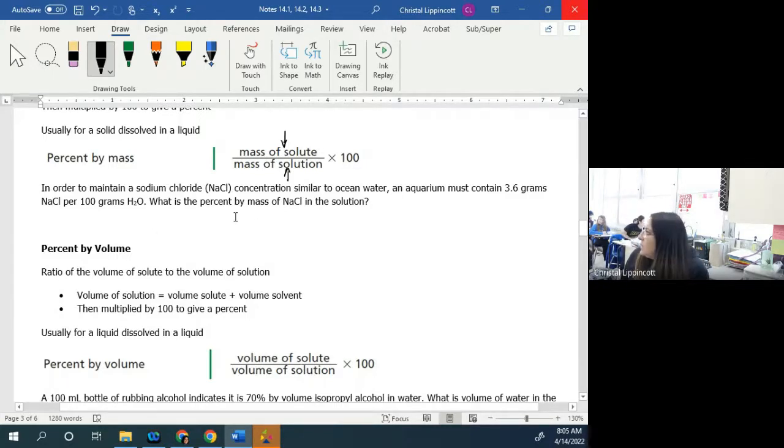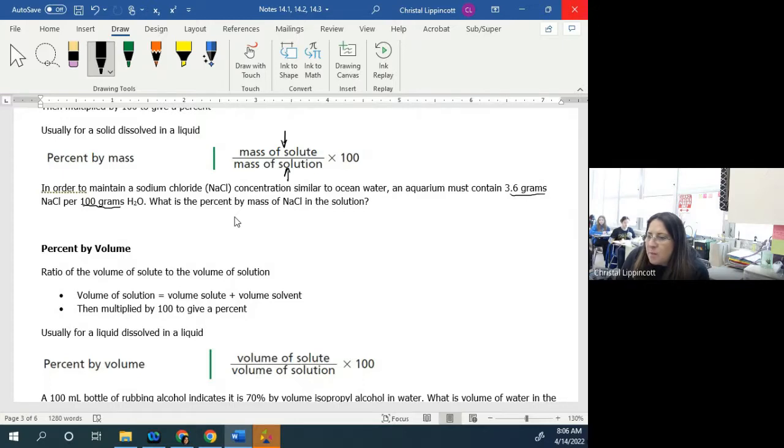Like percent composition, we did percent yield, there have been lots of different times where we've done percentages. In order to maintain sodium chloride concentration similar to salt water, an aquarium must contain 3.6 grams per 100 grams of water.